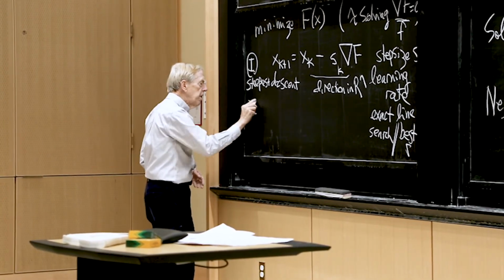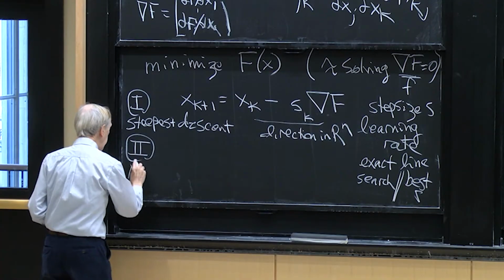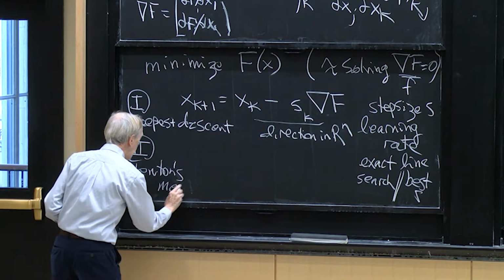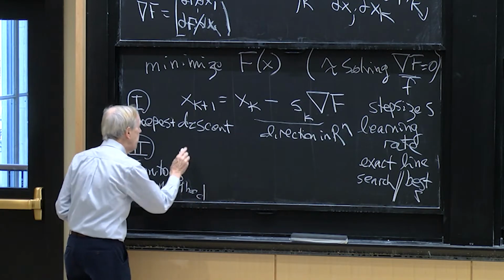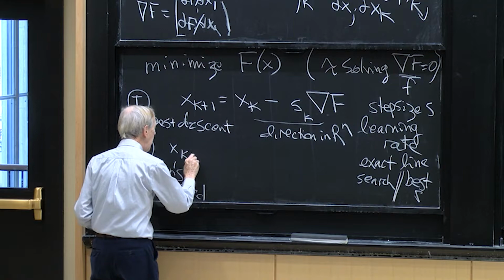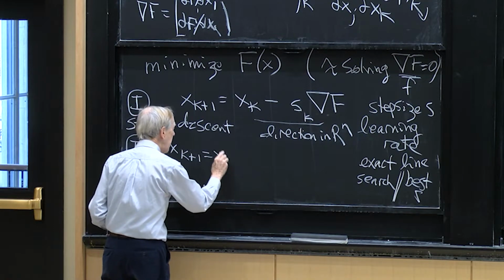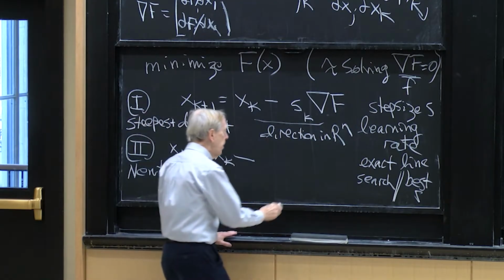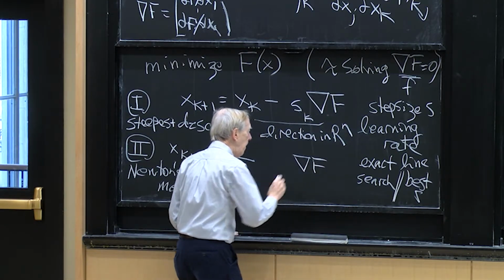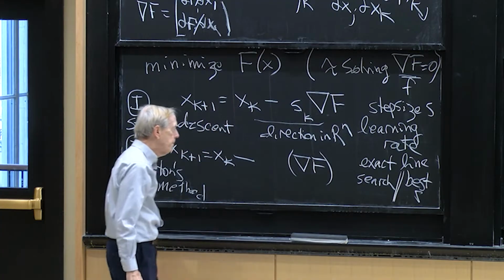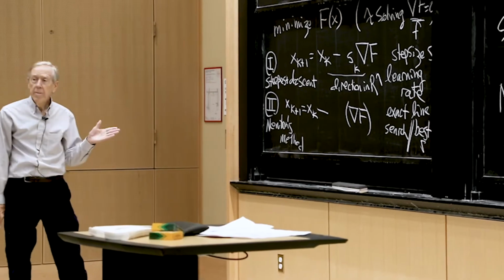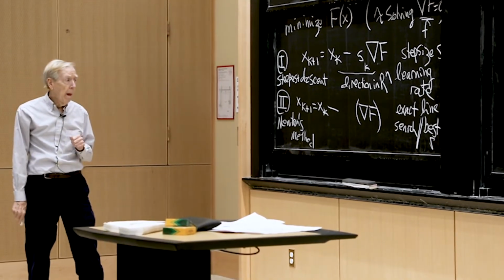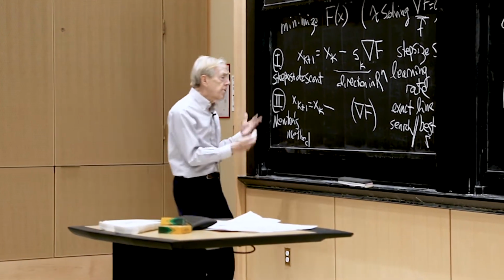Now method 2 will be Newton's method. So now we have x_k+1 equal to x_k minus something times the gradient of f. And now I'm going to do the right thing. And the right thing is the Hessian, the second derivative.